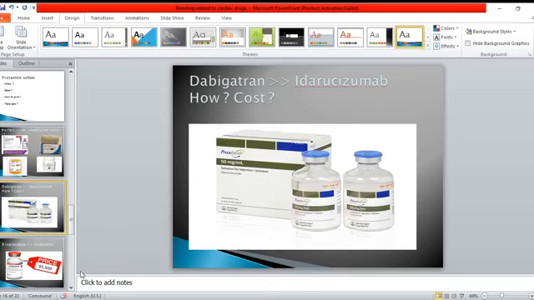So that's about idarucizumab. In case of bleeding, you can resume the dabigatran if needed after 24 hours.